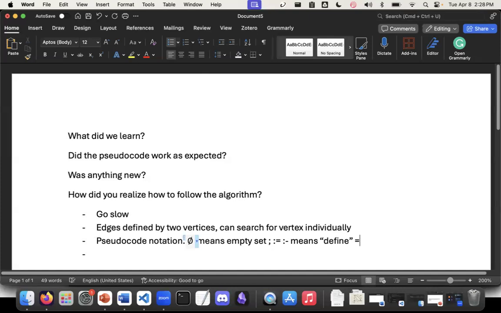Other insights, yeah. Some common sense to us, such as determining whether an edge is already in our subtree, is much more complicated for the computer to do. With our pseudocode, I guess, initializing several arrays. So it was interesting to see how to translate what's common sense to us into something algorithmic for a computer.